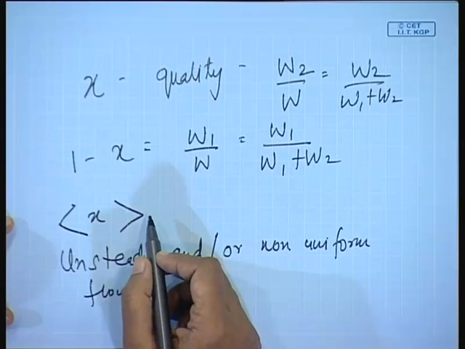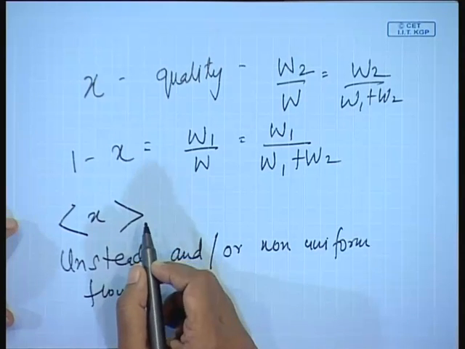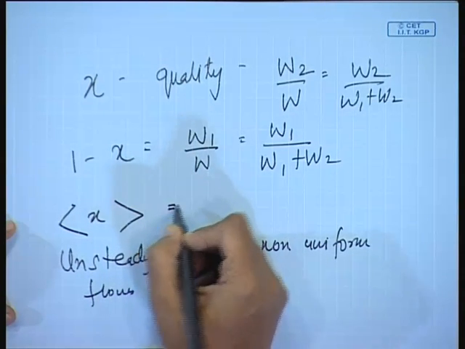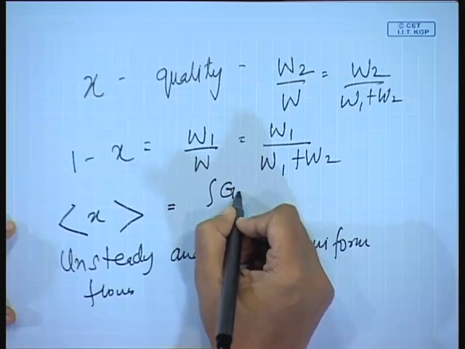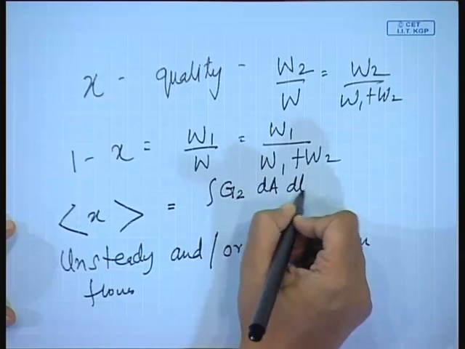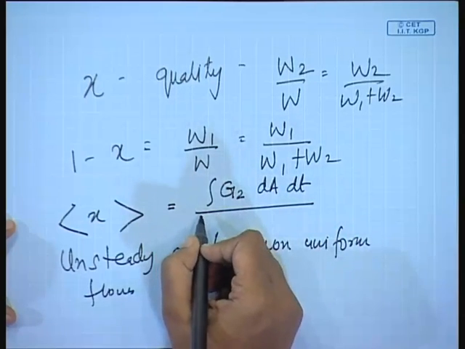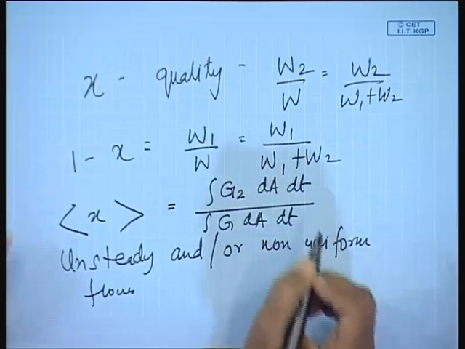The average has to be taken over a specified surface for a particular period of time, and this is usually referred to as the integral of the mass flux G2 dA dt divided by the integral of G dA dt.